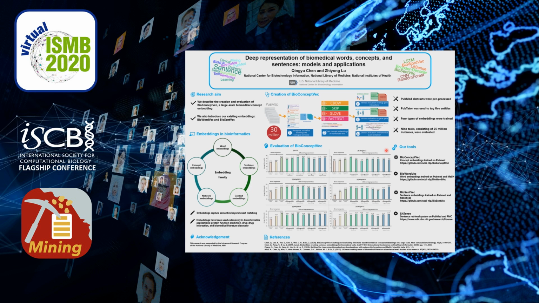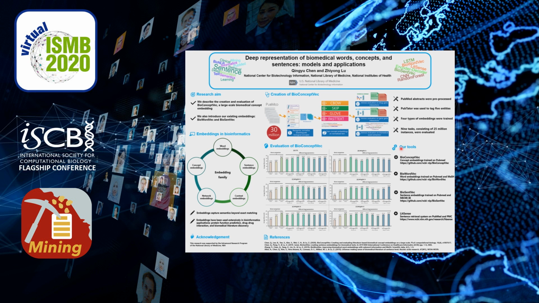As I mentioned, the first one is protein-protein interaction. It achieved an AUC of 0.95, better than the existing methods. We also evaluated concept embeddings in drug-drug interaction extraction. It achieved an F1 score over 0.8, also better than existing methods.